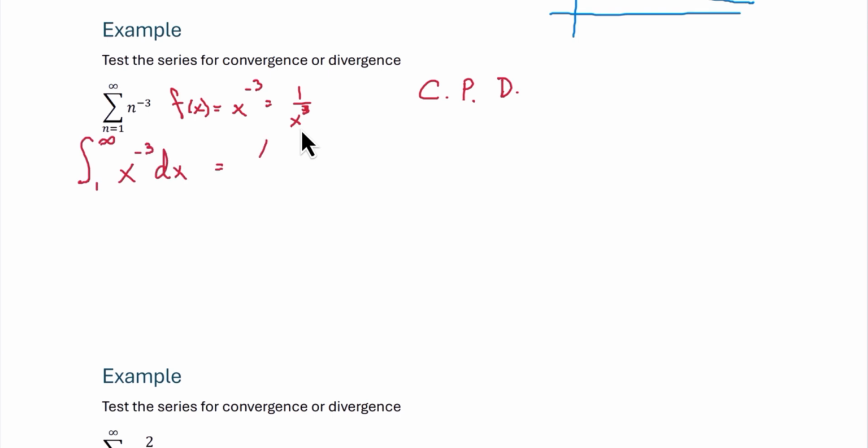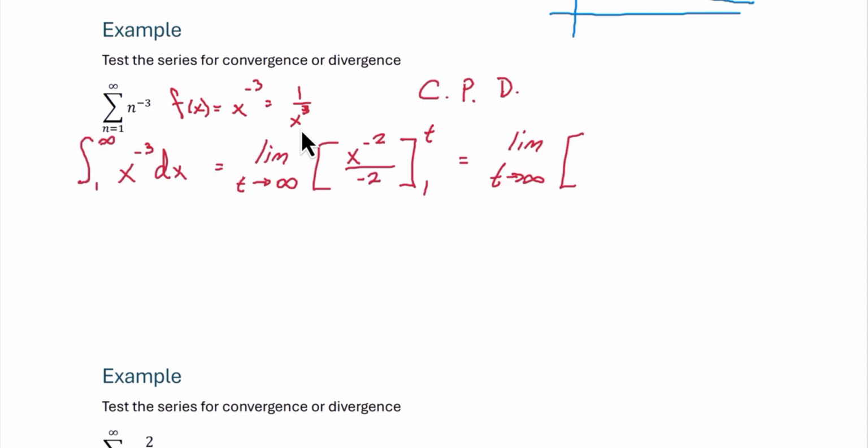So we need to take the limit as, let's use t approaches infinity, of x to the negative 2 divided by negative 2, evaluating that integral, and we're going from 1 to t. We now have the limit as t approaches infinity.